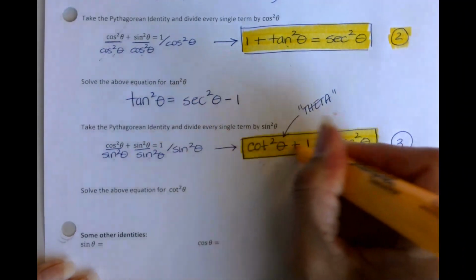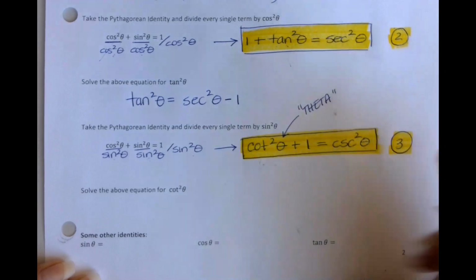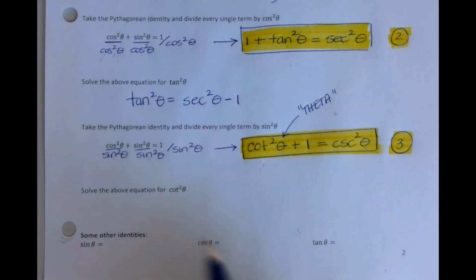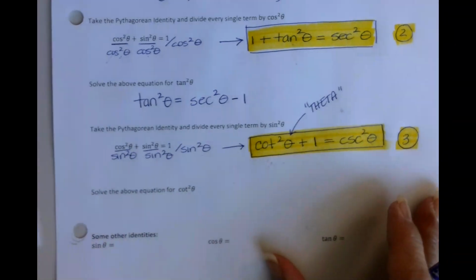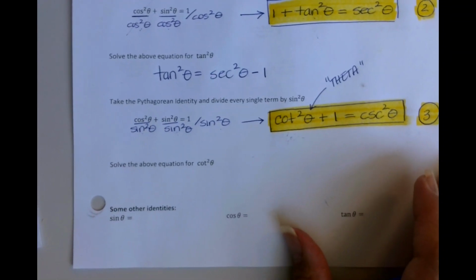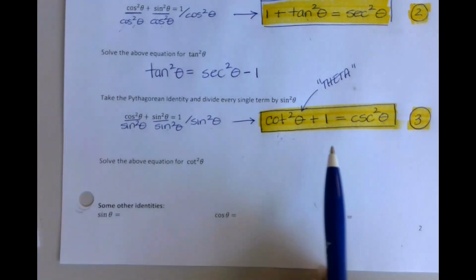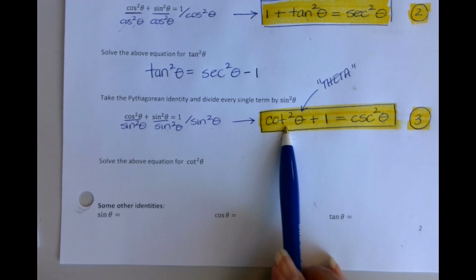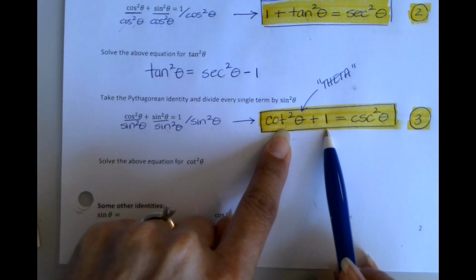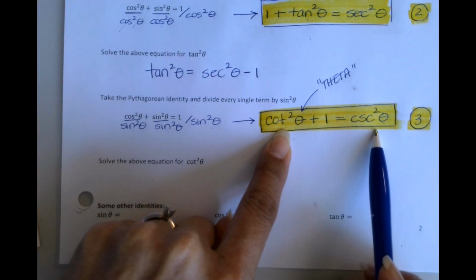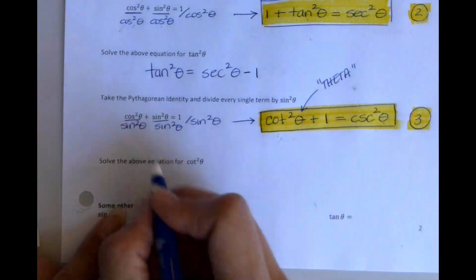And if you did manipulate it to solve for cotangent squared, you knew that in order for cotangent squared to be all by itself, this positive 1 needs to leave, and it goes over and changes sign as it jumps over that equal sign.